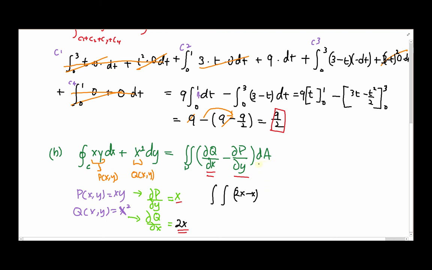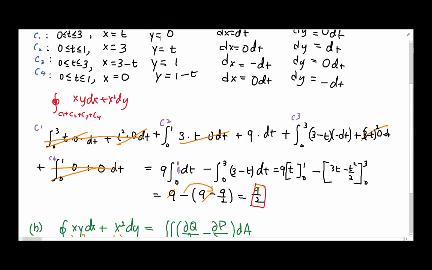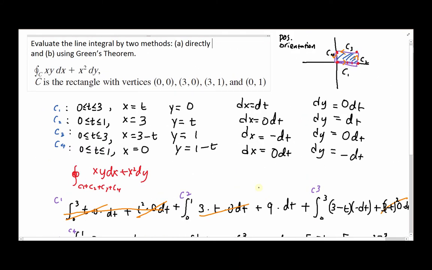Now for our domain, the region, we saw from our graph above. You see our coordinates here. So for x it goes from 0 to 3, and for y it goes from 0 to 1.